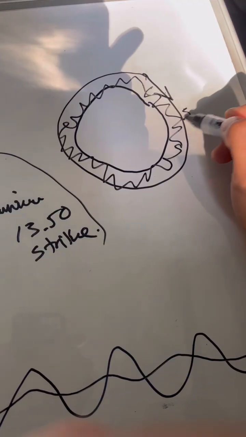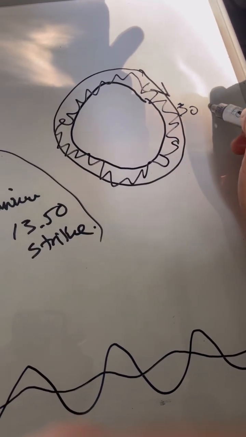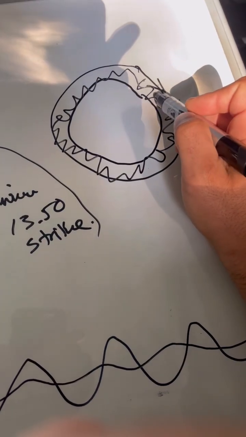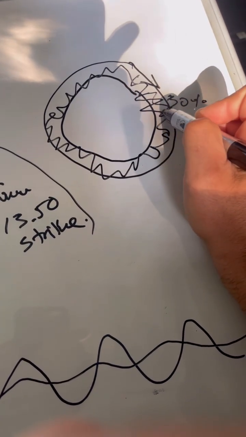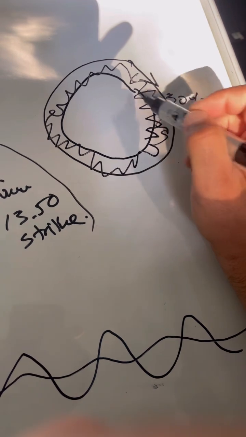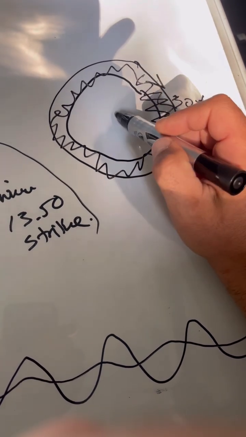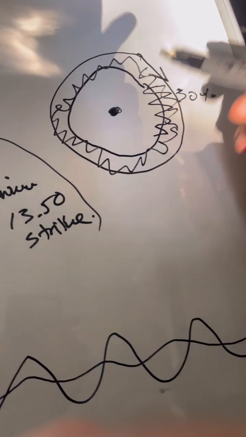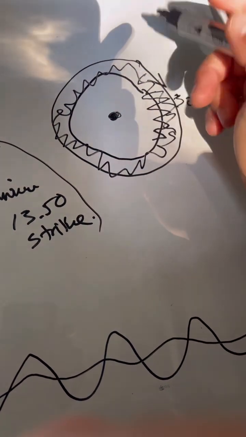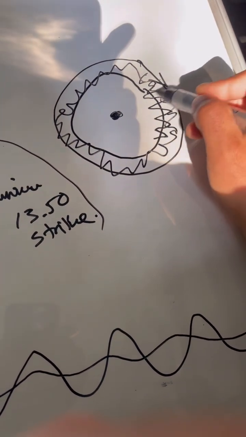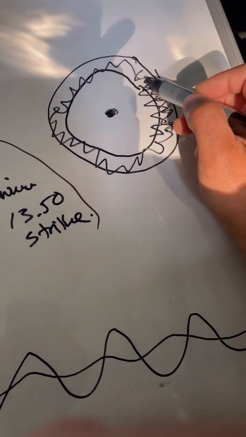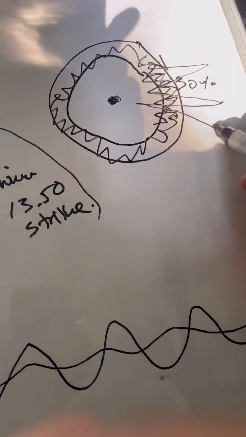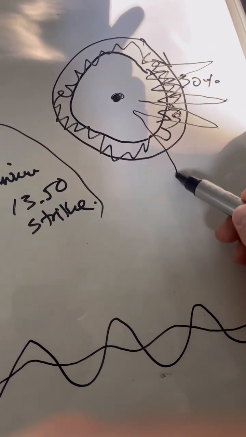So maybe this is 30%, your high income dividend ETFs, and you're trying to smooth out this ride in between here. If you go too far in the middle, you lose everything. So you want to stay on the outskirts, but you're just trying to smooth out the ride. Sometimes you go way over, but then the crash comes.